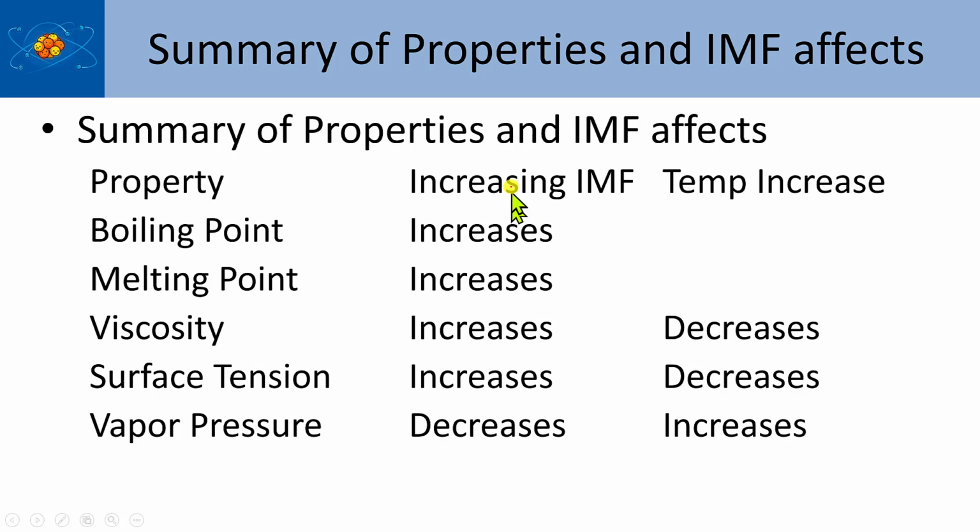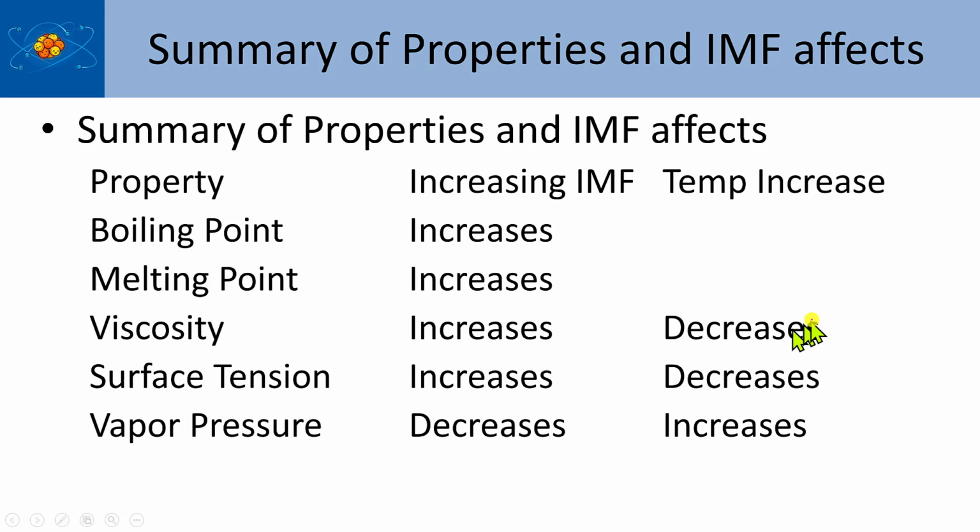We can explain that simply by the stronger attraction of the molecules, for example, making it harder for them to leave the liquid state, or harder to leave the solid state, so the melting point goes up, or harder to move about, or harder to spread apart. On the other hand, the vapor pressure goes down as the intermolecular force goes up. We also think about the vapor pressure and the boiling point being tied together, and we think about the vapor pressure curves when we're doing that.